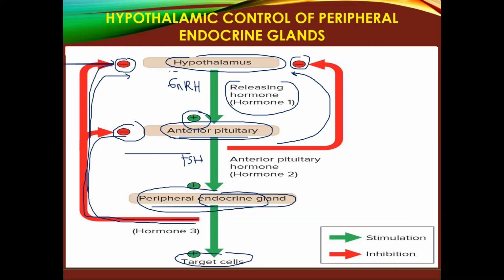Okay, so when this GnRH is produced, it will increase FSH. FSH will go to the ovary and increase estrogen production.